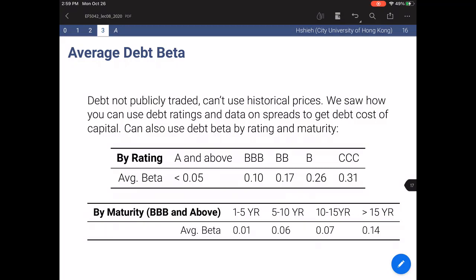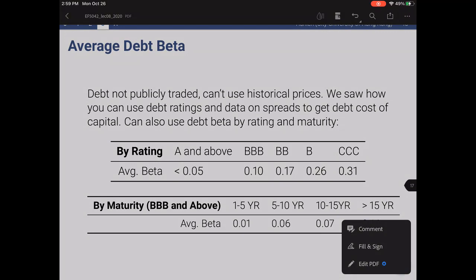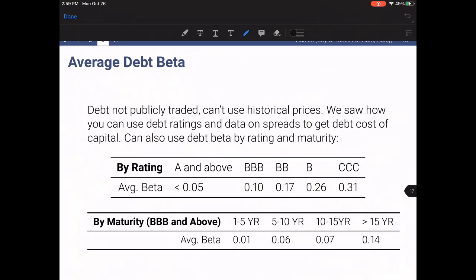And of course, we can combine and take an average of these credit spreads based on the beta. And we can also collapse based on the maturity if that's important to us. Again, it may also depend on the lifetime of the project or division that we're thinking about selling eventually.